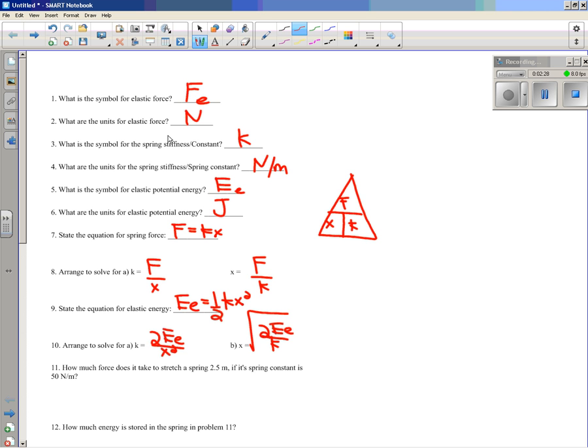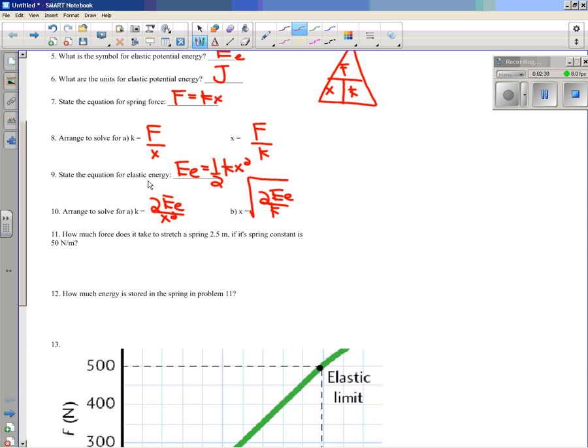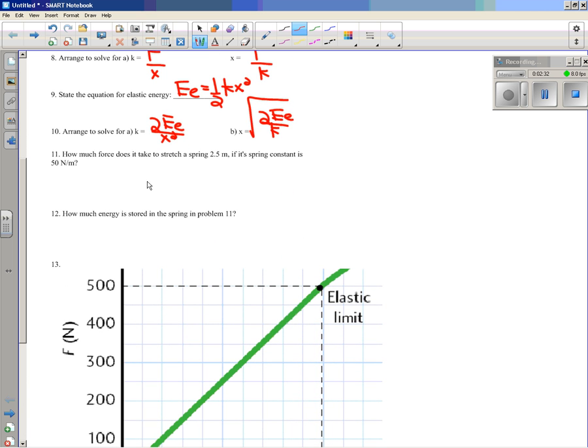The first problem says how much force does it take to stretch a spring 2.5 meters? The spring constant is 50 newtons per meter. So force. Don't use the energy formula, use the force formula.